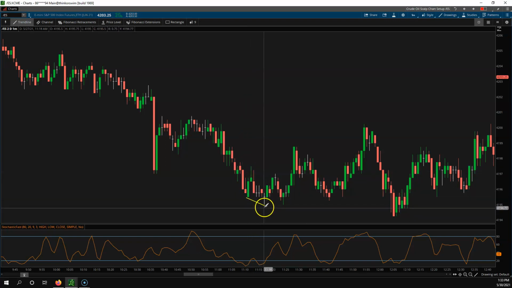And as we're making new lows, you can now see a divergence start to form, right? Because on this second push lower, the price is actually higher on the stochastic.